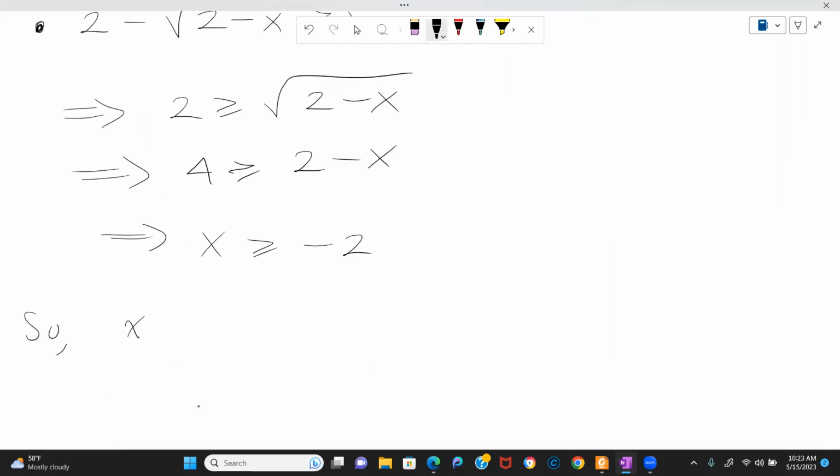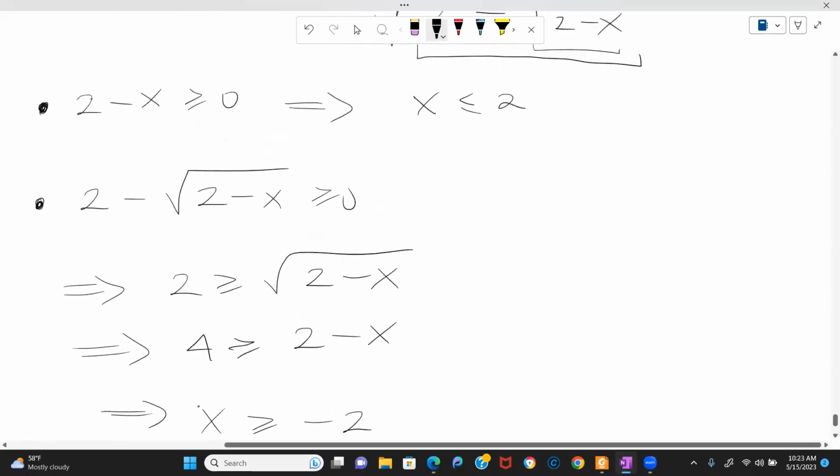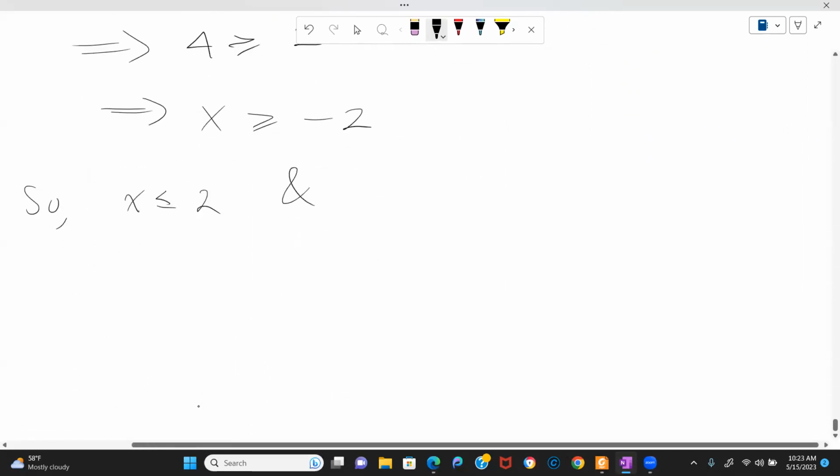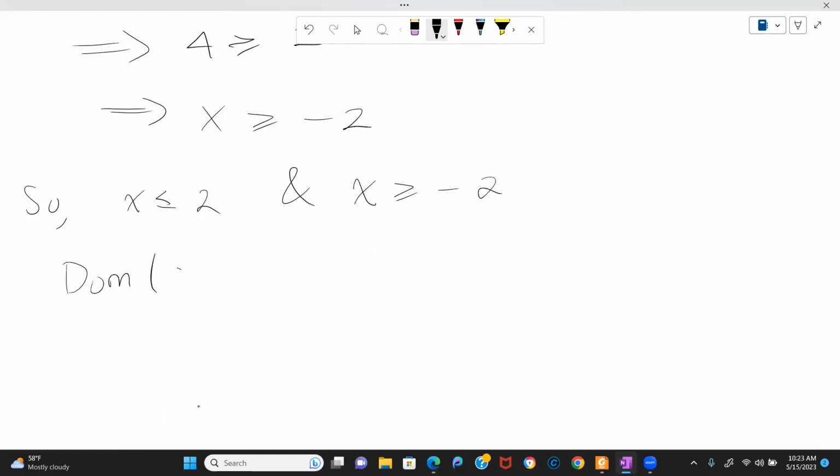Combining these, x is less than or equal to 2 and x is greater than or equal to -2. So the domain of g composed g is the interval from -2 all the way up to 2.